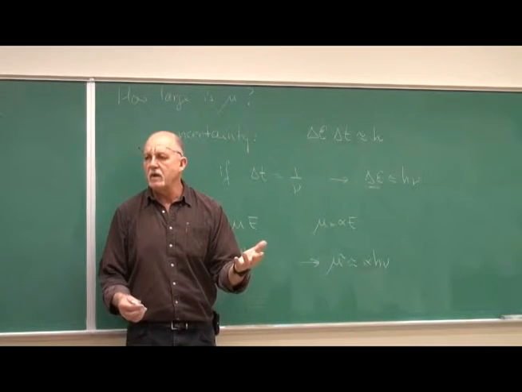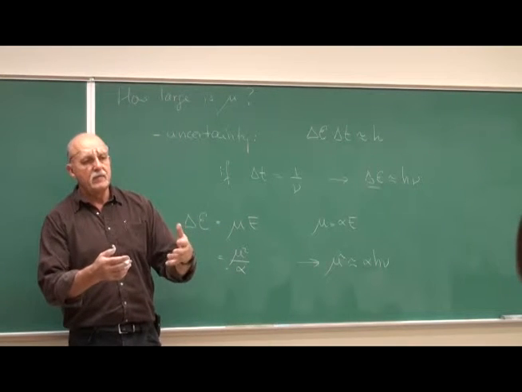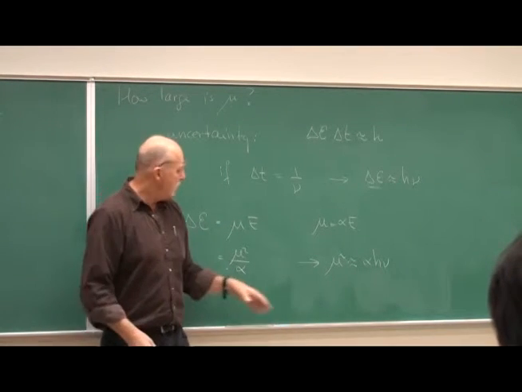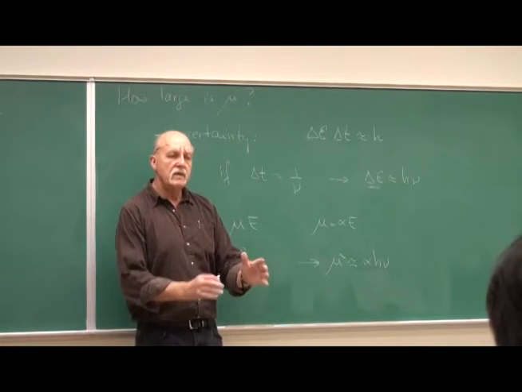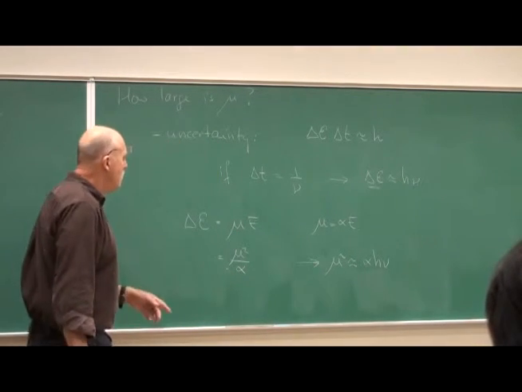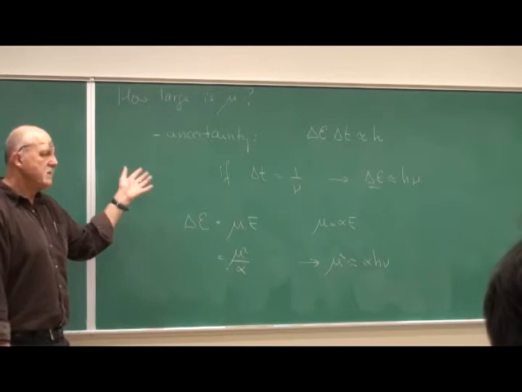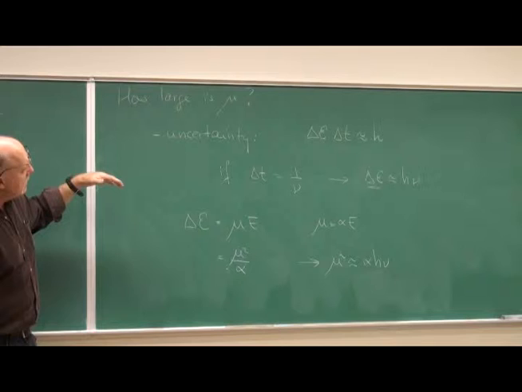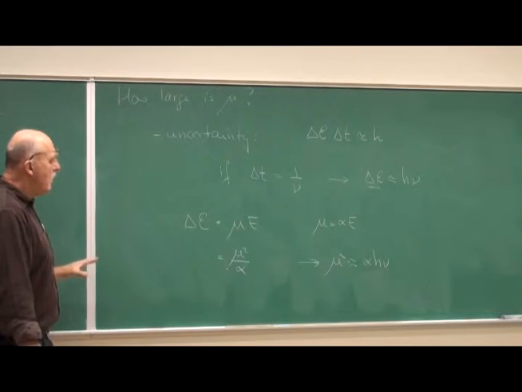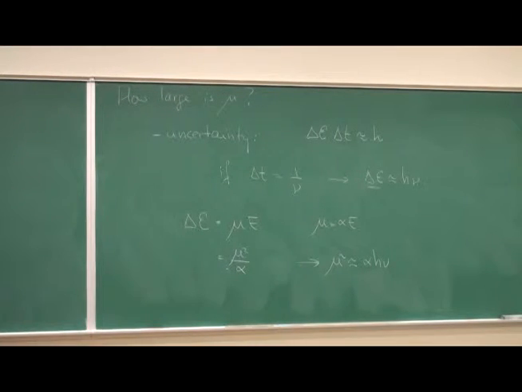And that makes sense. If you have a very loose system that's easy to make dipoles, it will have big dipoles in it. If the polarizability is 0, you will have no dipoles. So, although this isn't very rigorous, it's a nice plausibility argument, and it turns out to be correct.